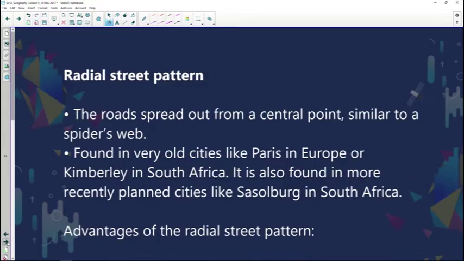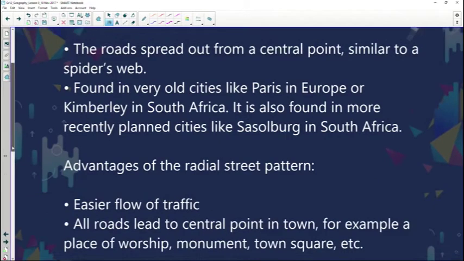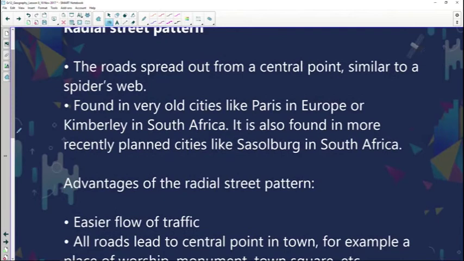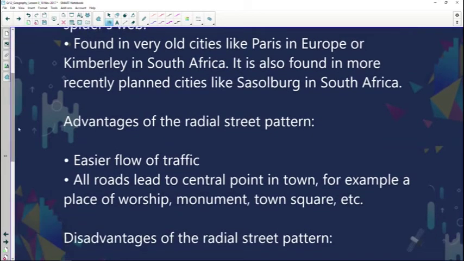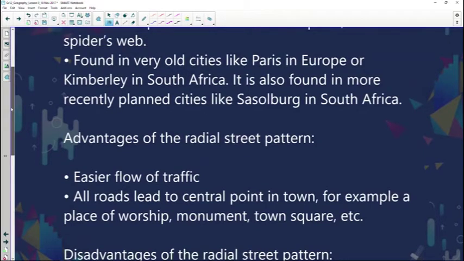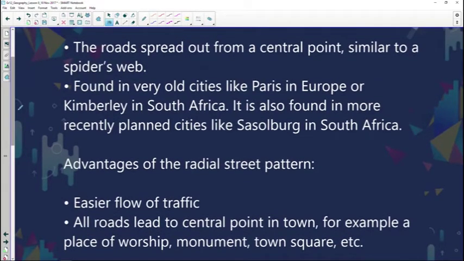If you look at radial street patterns, it's moving outwards. Many towns have a radial pattern, for instance Stellenbosch, and Kimberley is another example. It looks like a spider web. Paris is a very good example. If you look at a global city, it's from the Eiffel Tower outwards.